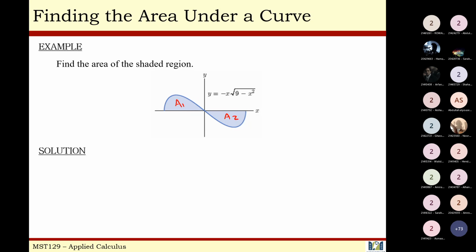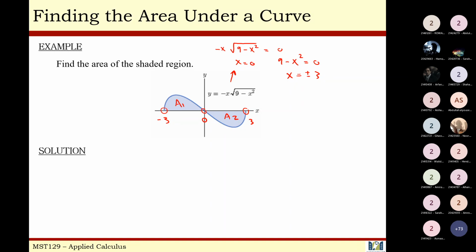We need to find the zeros of y. The zeros of y mean minus x multiplied by radical 9 minus x squared equals 0. So we have x equals 0 or 9 minus x squared equals 0, that is x equals plus or minus 3. So we have minus 3, 0 and 3.